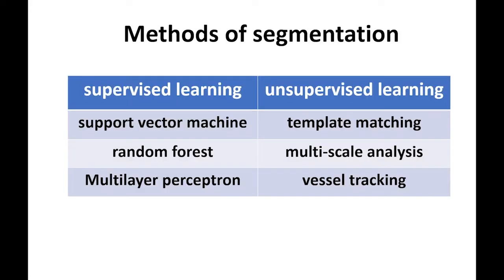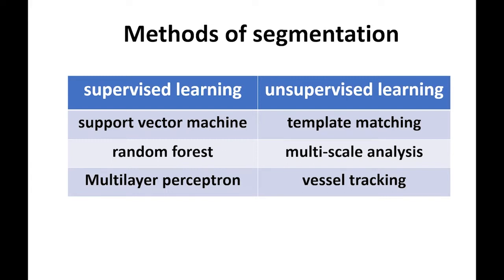So, how to use a computer to do this task? The methods of retinal vessel segmentation consist of supervised learning and unsupervised learning. Supervised learning requires training through the original fundus images and the images of the blood vessels manually labeled by the expert.